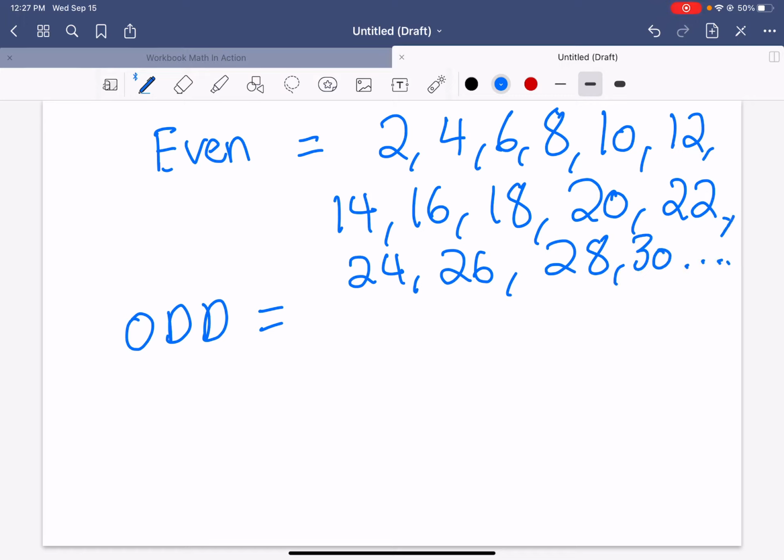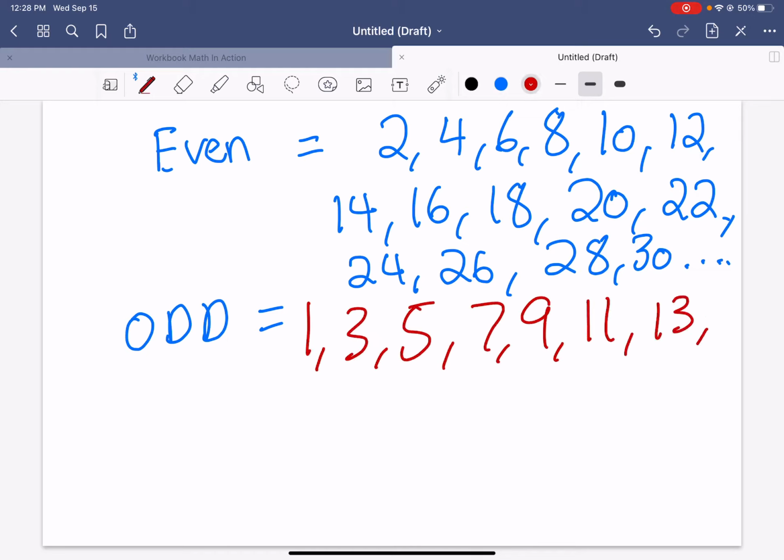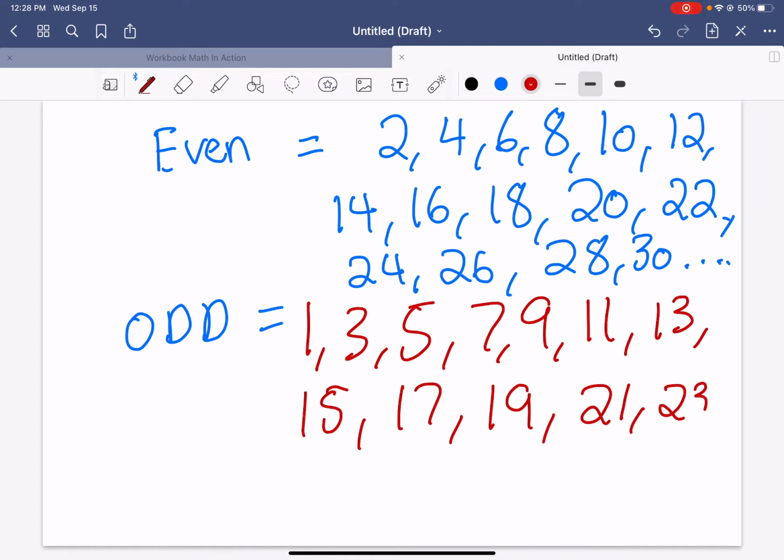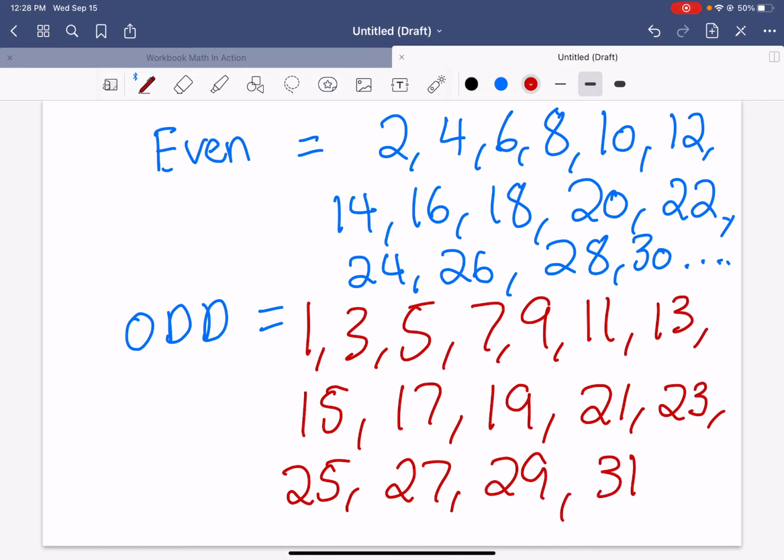Odd is 1, 3, 5, 7, 9, 11, 13, 15, 17, 19, 21, 23, 25, 27, 29, 31. That's even and odd.